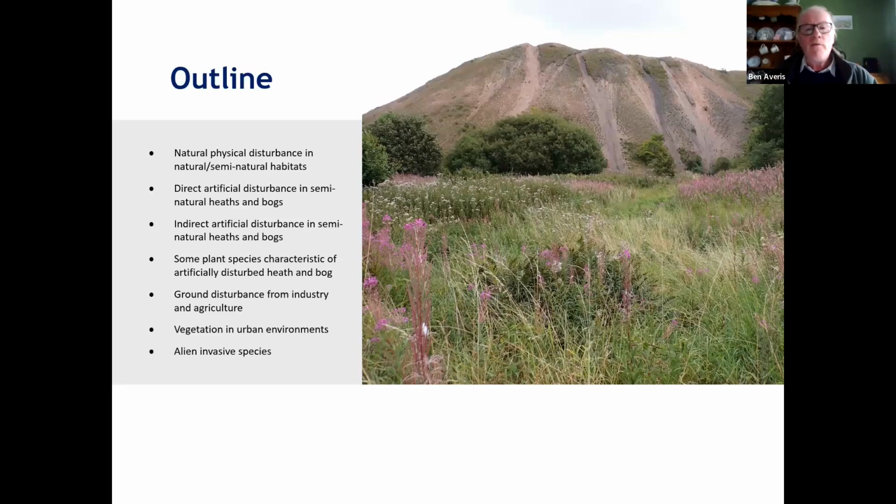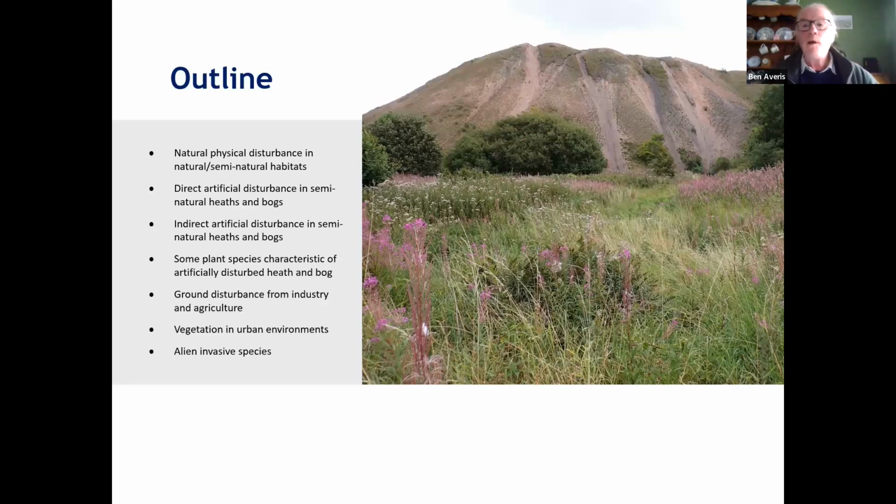So a little bit about that first, and then going into artificial disturbance in semi-natural habitats, and then artificial disturbance creating more artificial habitats, the really disturbed urban industrial kind of places.